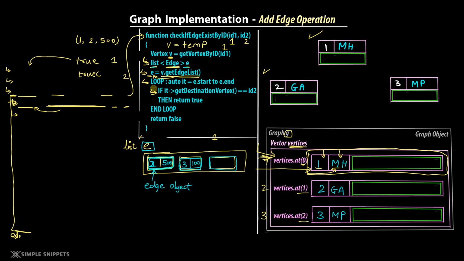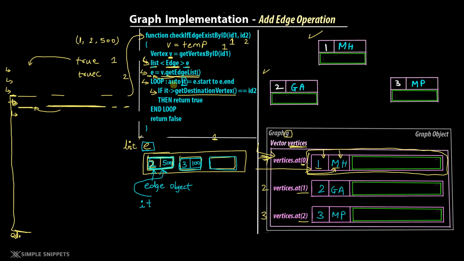Okay, so hence E is nothing but a list which stores objects of edge type, and that is what this is looking like. Now when you are looping through this list E, you say auto it, and auto is nothing but a keyword in C++ which basically makes this variable take the same data type that it is pointing to. Basically what you are doing is you are creating a variable called it, and it will initially point to the very first object in this list E. And when you say it of get destination vertex, so if this is the first object, when you say get destination vertex, that is this function, this will return the ID, that is 2.